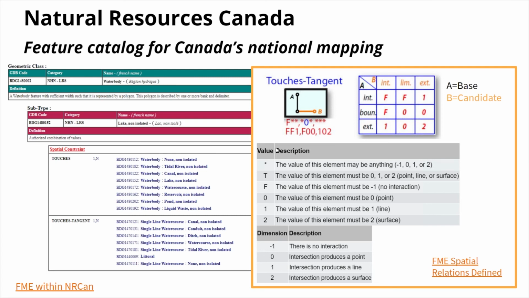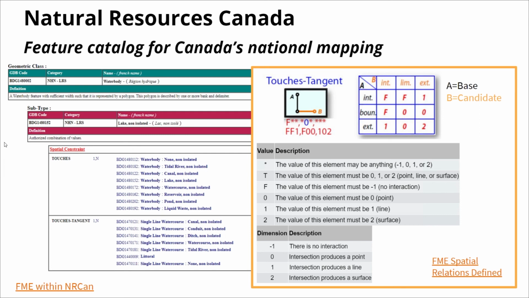So Natural Resources Canada have been using these tools for quite some time. They are responsible for building the national map, and they've been validating that national map with FME, particularly the National Hydrographic Network. What they have is a feature catalog that's ISO compliant to the ISO 9110 standard, and they work with that.